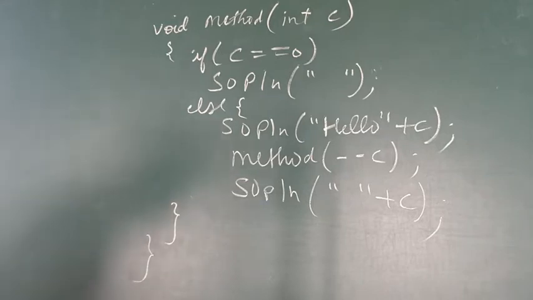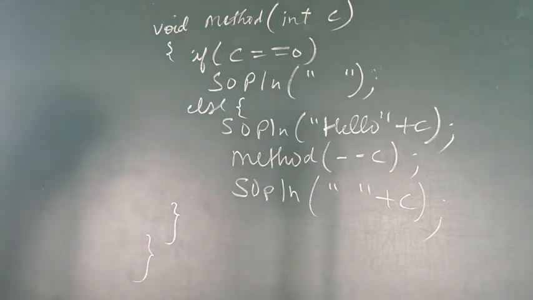Okay, and the value of the counter, that is C, equals 3. So the value of C is 3.